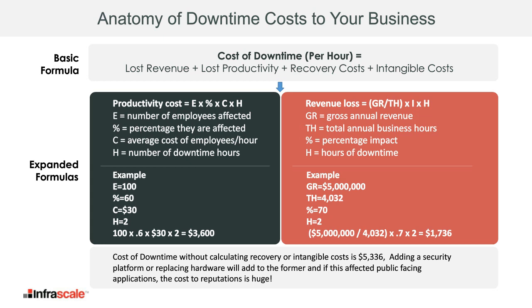So doing the multiplication, you come up with $3,600 there. You add that to the formula over here, dividing the annual revenue by the number of hours worked, the percentage affected, and the downtime. That's $1,736 added to the $3,600. It's just over $5,000 of lost revenue and lost productivity, not counting recovery costs or intangible costs.